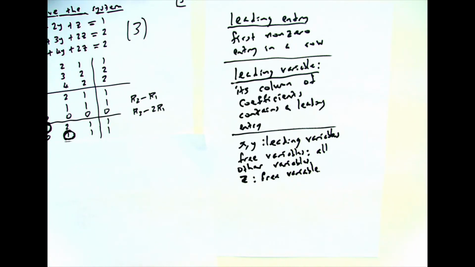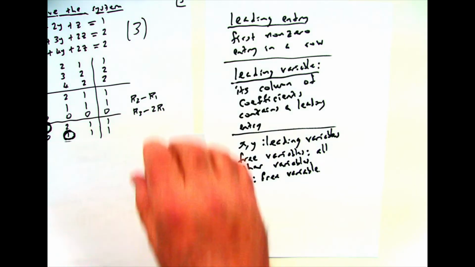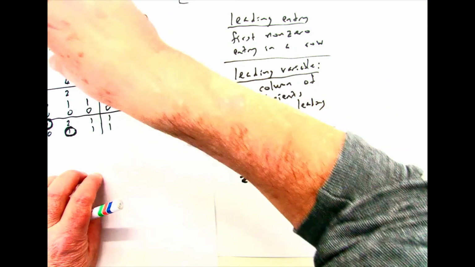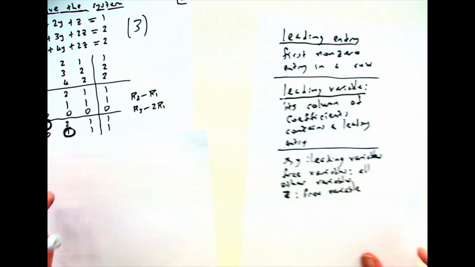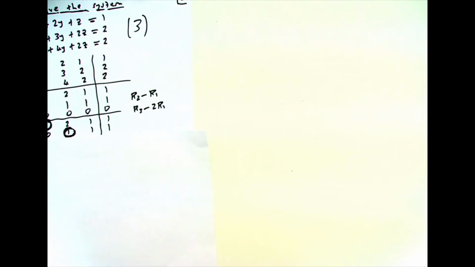Okay, so this is important for the solution because now we give the free variable arbitrary values. So we give the free variable z an arbitrary value.